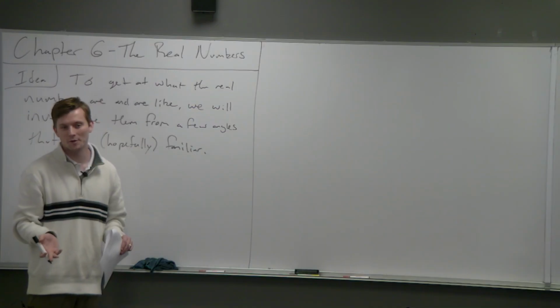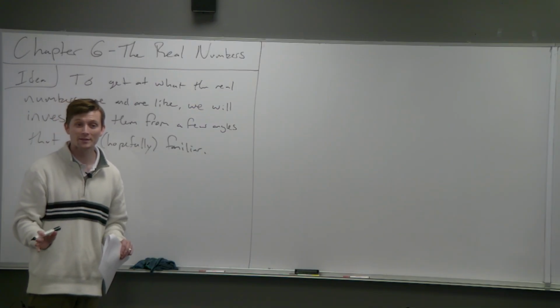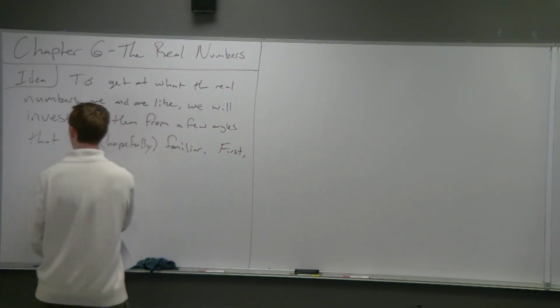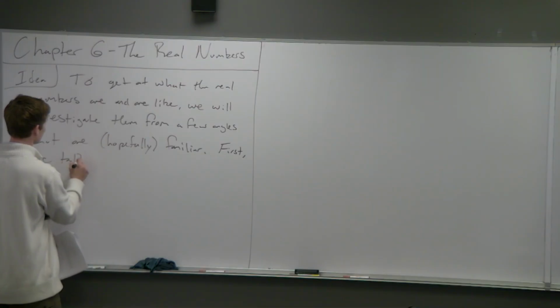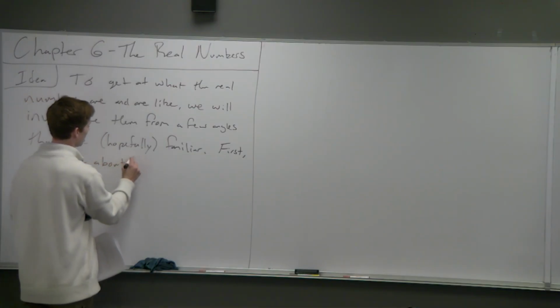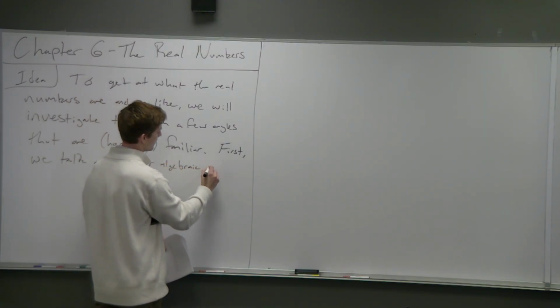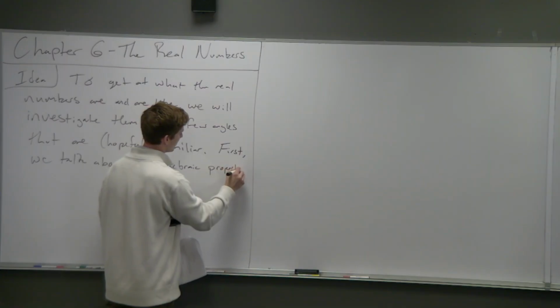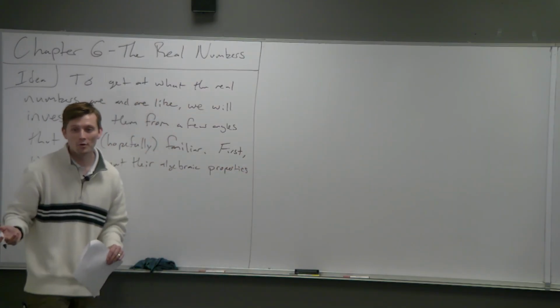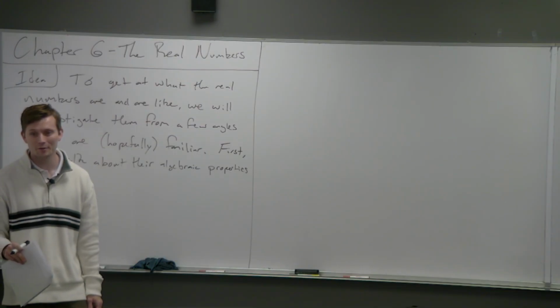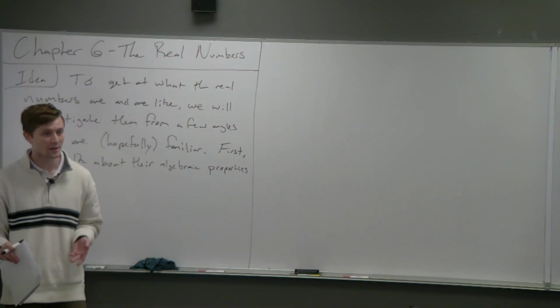So reasonably familiar at least, right? Looking at basic stuff, first, we talk about their algebraic properties. That is, how do real numbers work when you add them, when you subtract them, when you multiply them, all this good stuff, right? What kind of basic things do we have for real numbers?